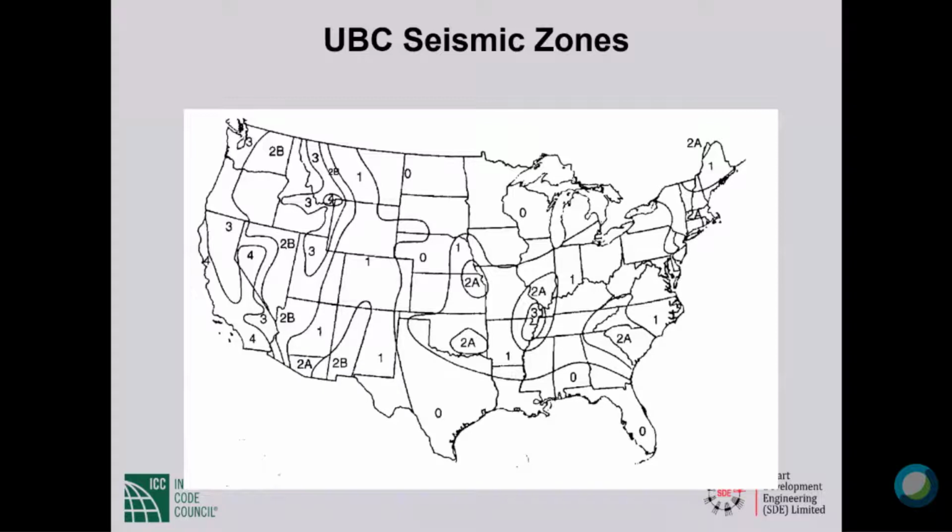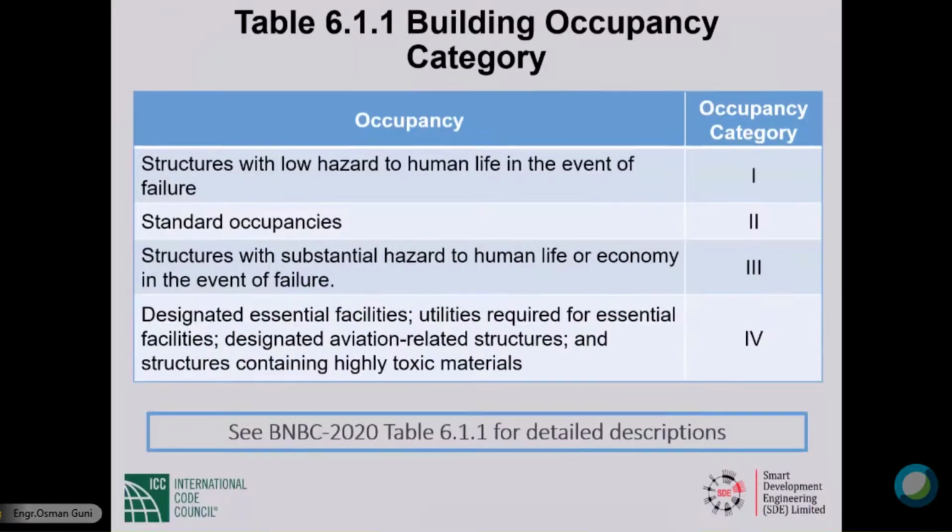That has a major impact on the seismic design category. So it's a combination of three things: the seismic hazard at the site, the occupancy of the structure, and the soil type at the site of the structure. Okay? So, occupancy of the structure, I said, is a component of the seismic design category. ASCE 7-05 as well as BNBC has occupancy categories defined 1, 2, 3, and 4.